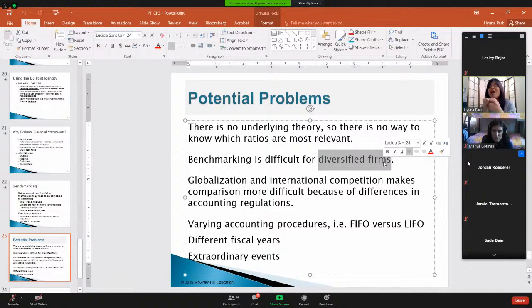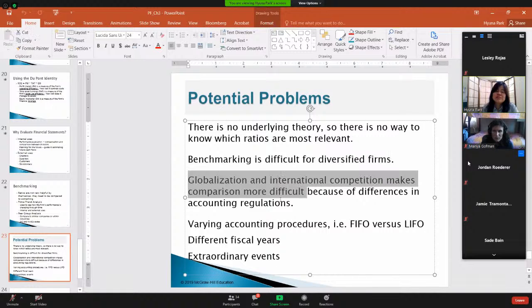So it's hard to use company-wide asset utilization ratios, like the total asset turnover ratio, combined for theme parks and movie making together. It's not very useful. So that's the point I'm making here. Benchmarking is difficult for diversified firms.